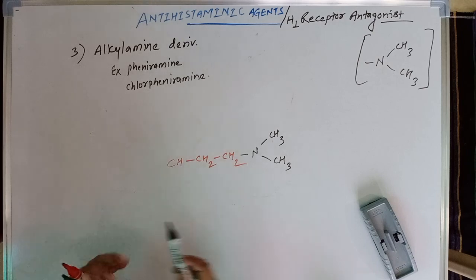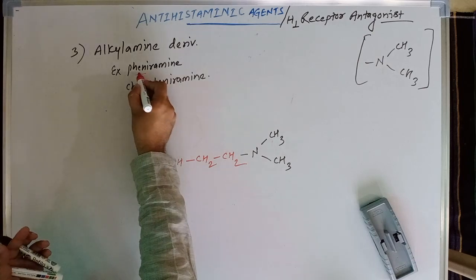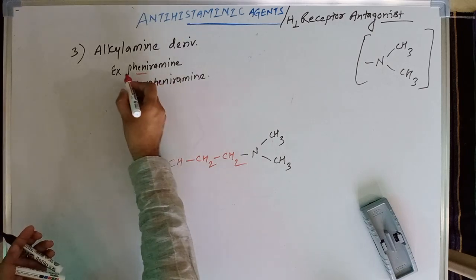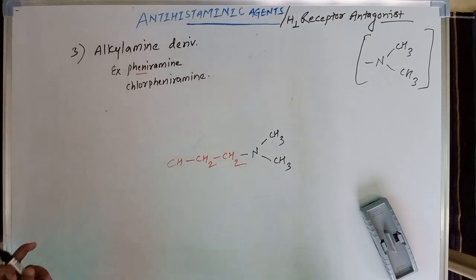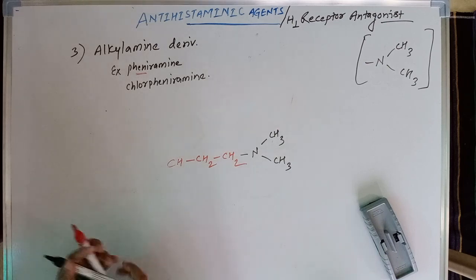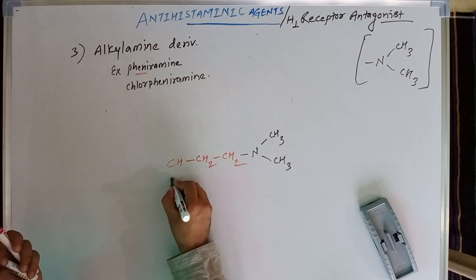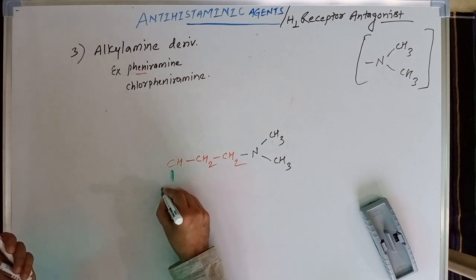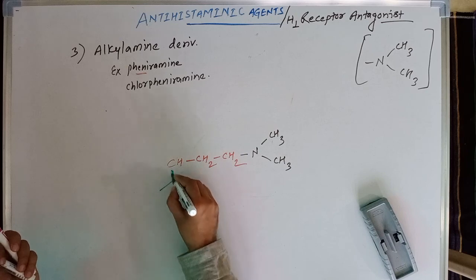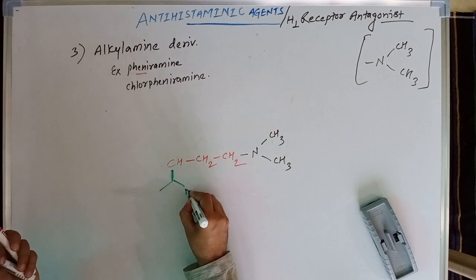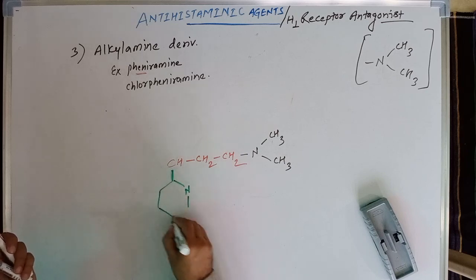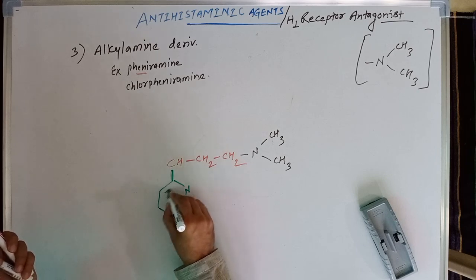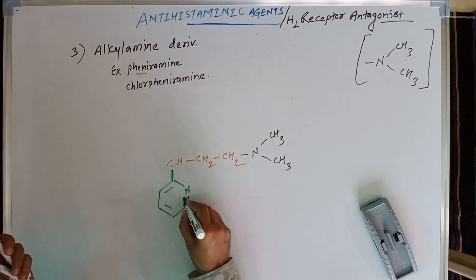Pheniramine: this name also has phen. Phen means phenyl. So usually there are two aromatic moieties. One of the phenyl moieties is again as usual, as we have already drawn the structure.